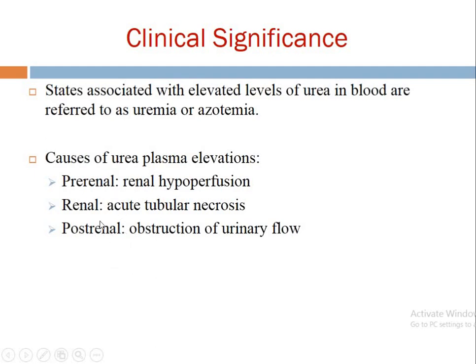The post-renal cause that can cause uremia or higher blood urea levels is obstruction of the urinary flow. Now, how can this obstruction occur? As we have already discussed, in nephrolithiasis, the stone, if it is lying in the renal pelvis, will obstruct the flow of urine, and this will create pressure inside the kidney.